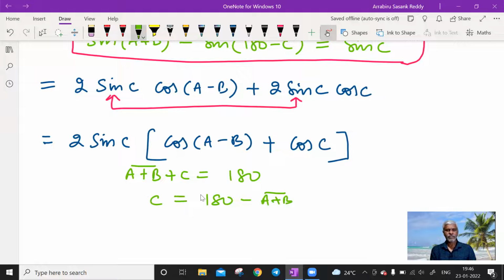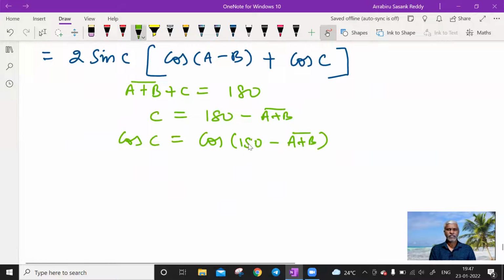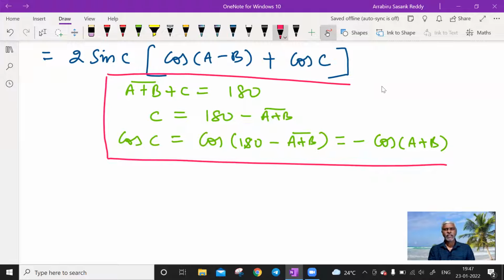Taking cos on both sides, cos C is equal to cos(180 minus (A plus B)). Since cos(180 minus theta) is minus cos theta, this gives minus cos(A plus B). 180 minus theta belongs to the second quadrant, so cos is negative. So cos C is equal to minus cos(A plus B).